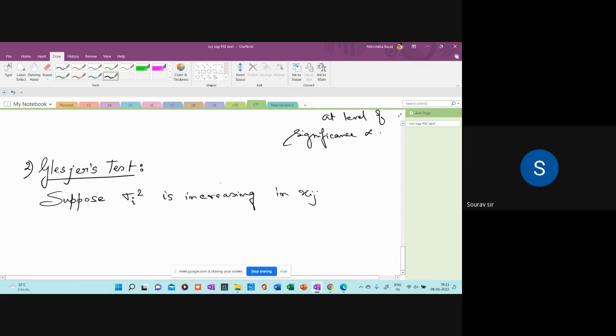We have considered data where there is a set of Yijs and a corresponding set of Xijs, and sigma i is increasing in the square root of Xij. We have just changed it a little bit. So we can write that sigma i is proportional to the square root of Xij.